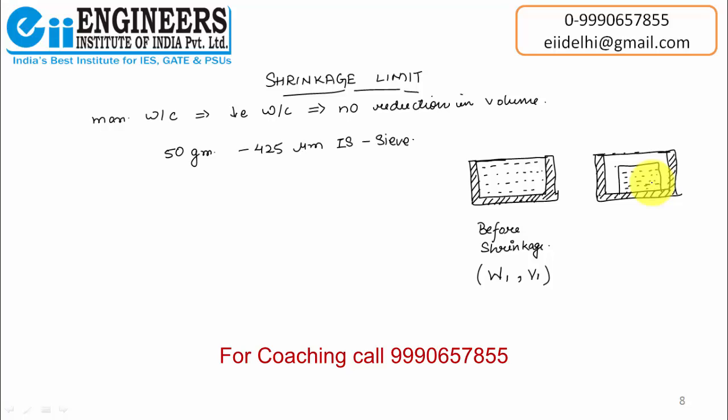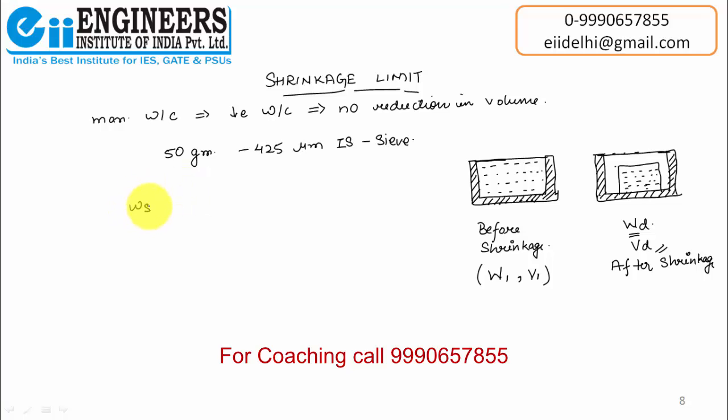Our main aim now is to find the volume of this soil mass. It's very easy, we just fill it with mercury and find the volume with the help of mercury displacement. Let the weight be WD and the volume be VD. This is after shrinkage.